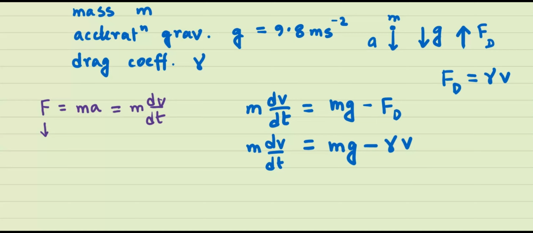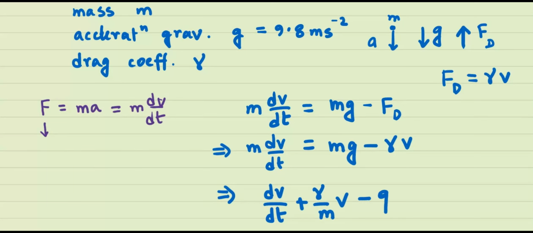We can reshape this equation by dividing everything by m. So therefore the final form becomes dv/dt plus gamma divided by m times v minus g equals 0.